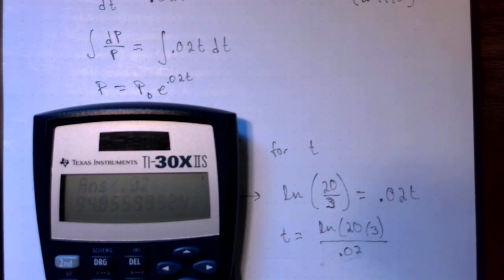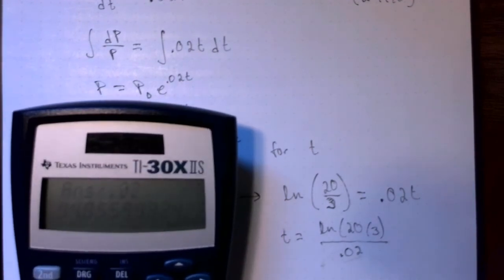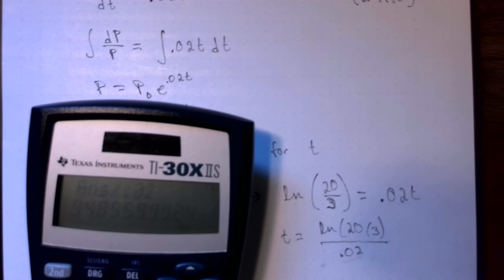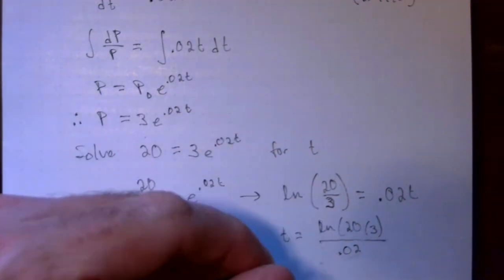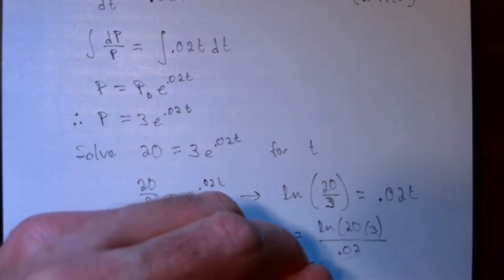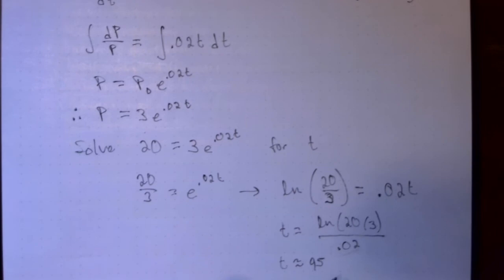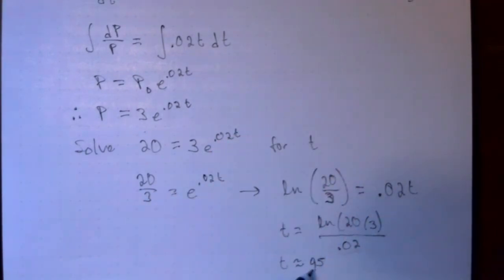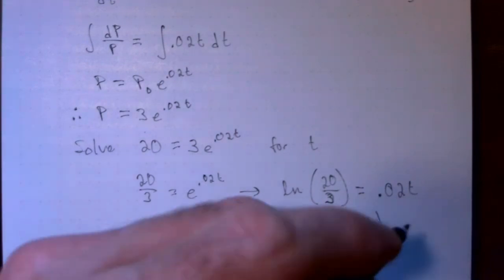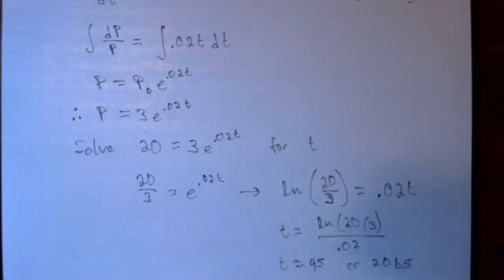Okay, so this calculator is telling me that it's almost 95 years. So t is approximately 95. Now remember, t equals 0 corresponds to the year 1970. So we're talking about 95 years after 1970. So that'd be 2065.